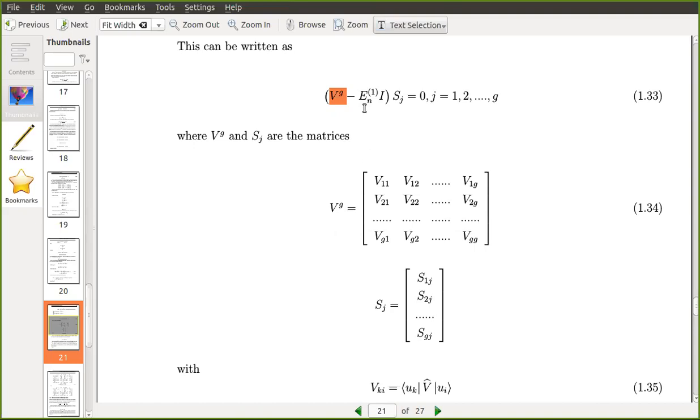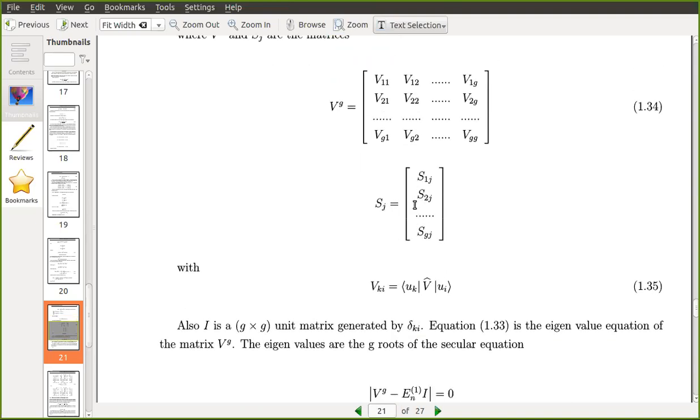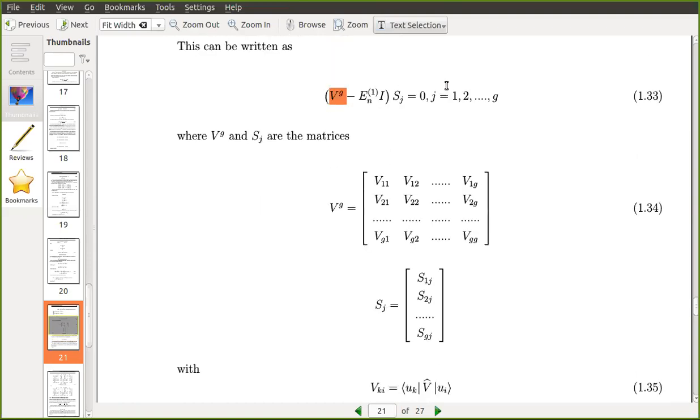So V are the perturbing potential in the basis u_i. So this is our final equation, (V^G minus E_n^(1) I) into S_j. This is the eigenvalue equation, where V is this square matrix, V11, V12, etc., V1G, etc. Finally, it is a G by G matrix.